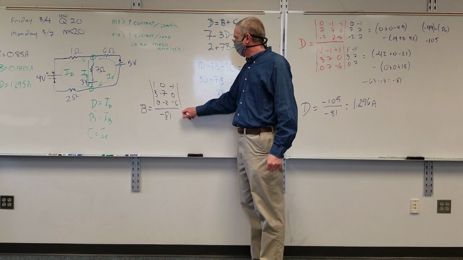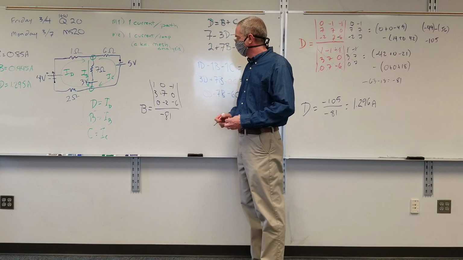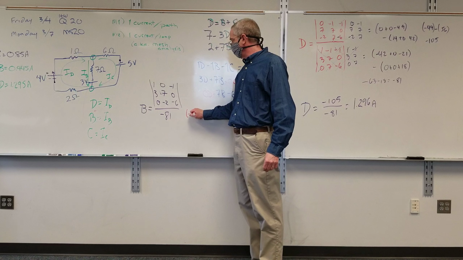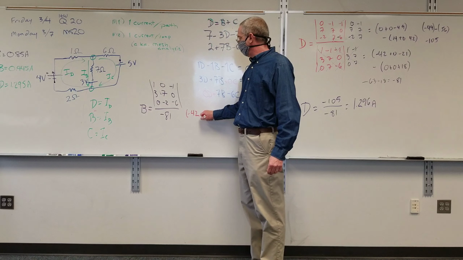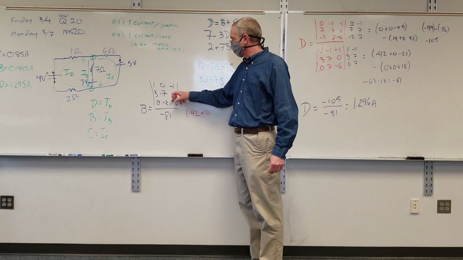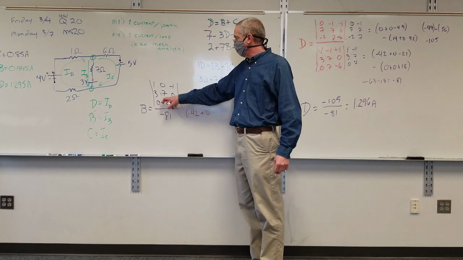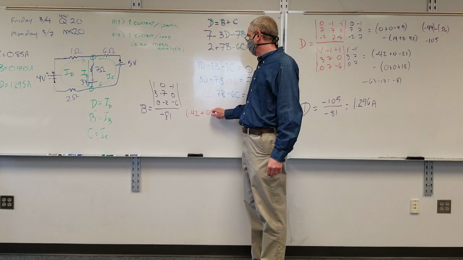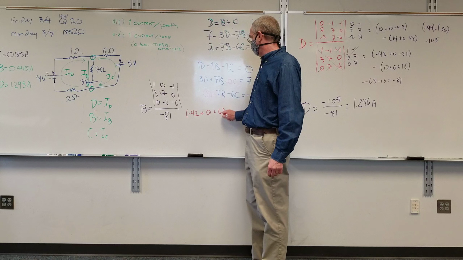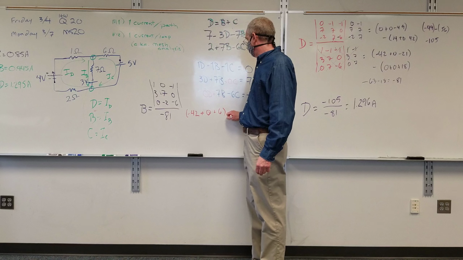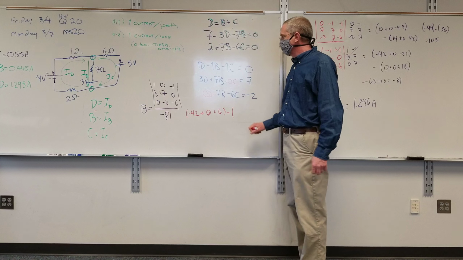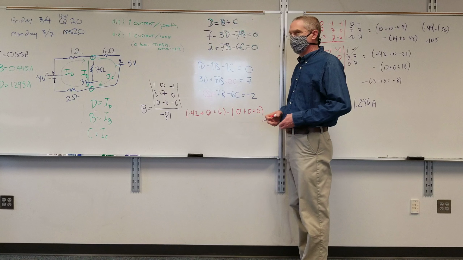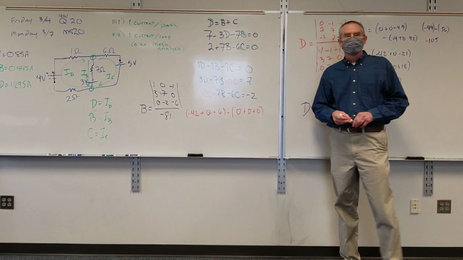All right, so solving the first one, I have 1 times 7 times 6, negative 6, so I got negative 42, plus 0, because 0 times 0 times 0, and then 3 times negative 2 times negative 1, which is 6, minus 0 plus 0 plus 0.